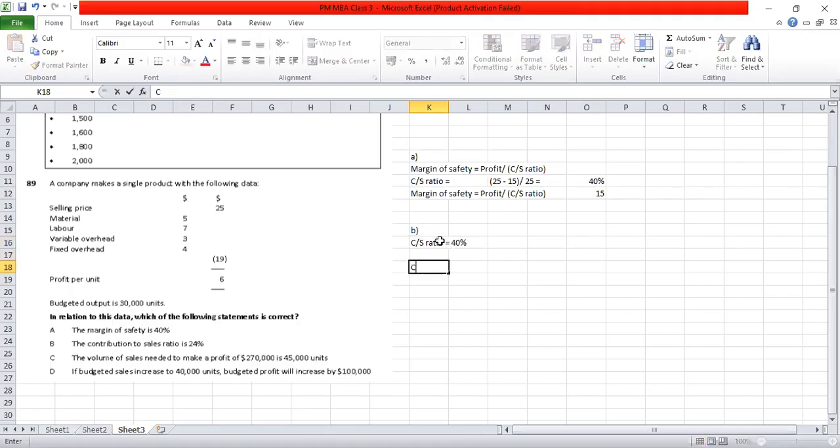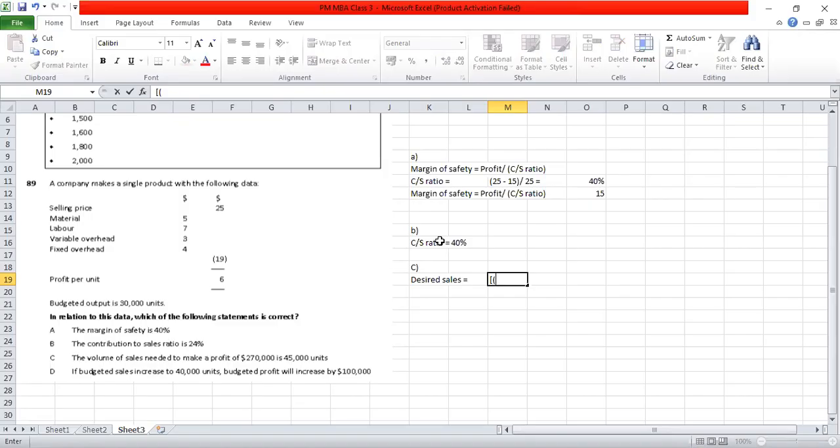Then test with C. C says the volume of sales needed to make a profit of 270,000 is 45,000 units. So test that one. Desired sales is equal to, I'm not writing the formula since you know that, I'll just put the values there. What is the fixed cost? Fixed cost is 4 per unit.